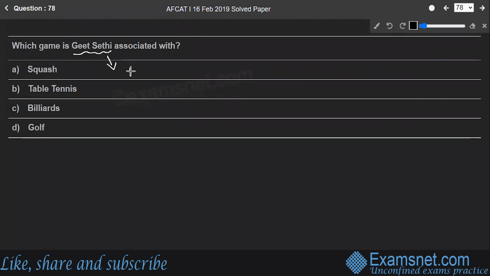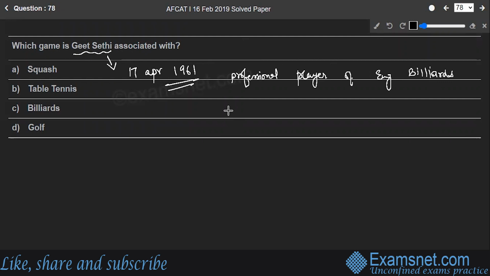Geet Sethi, born on 17 April 1961, is an Indian professional player of English billiards who dominated the sport throughout much of the 1990s. So we have option C as the answer to this problem.